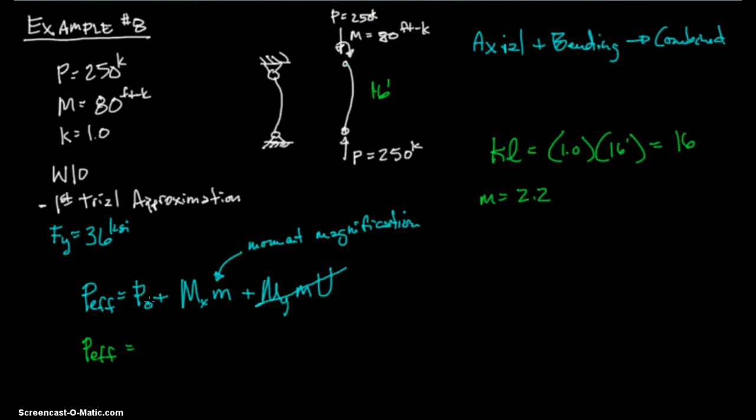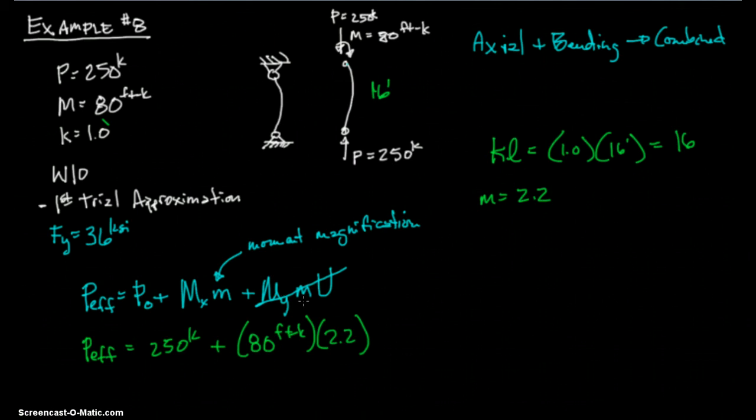So our P naught is 250 kips, plus 80 foot-kips times 2.2, and then we'll go ahead and solve for this. And remember, if you have a moment in the y direction, you'd also do the My times the moment magnification times U. We assume U is 3; let U equal 3, I think, is what's typically done.